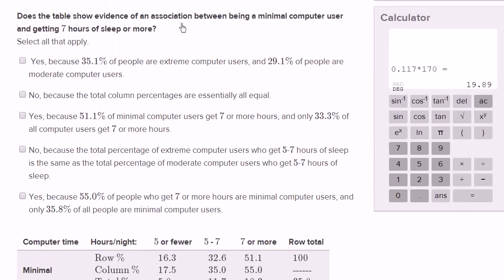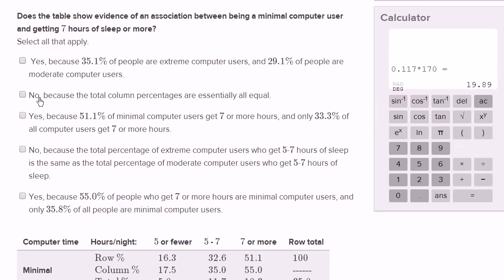Does the table show evidence of an association between a minimal computer user and getting 7 hours of sleep or more? Yes, because 35.1% are extreme computer users and 29.1% of people are moderate. Well, I go with the yes, but this doesn't seem to really back up the claim. This is just giving us some random data about the percentage that are extreme computer users or moderate computer users.